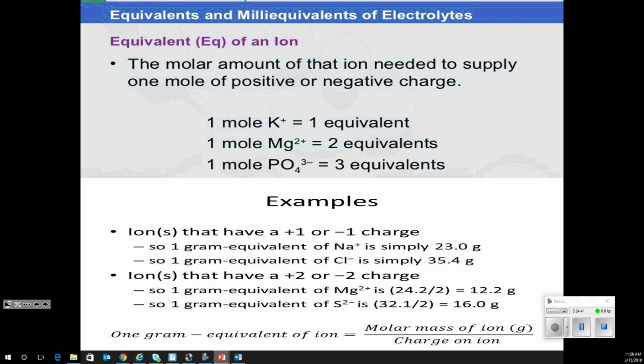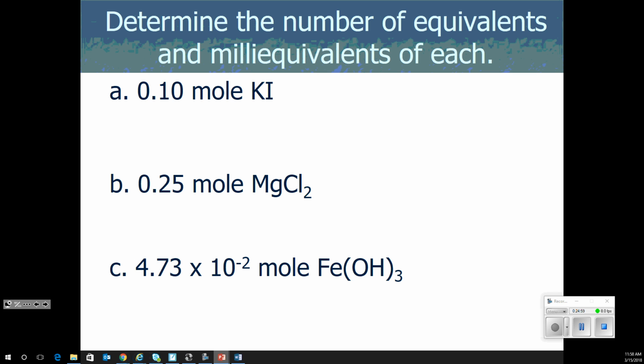Don't make it too hard. There will be a couple questions like this on the test. Going forward, equivalents are just the charge. If they ask for milli-equivalents, how do you go from equivalents to milli-equivalents? Times by 1,000. Okay? All right, so here we go. We've got a 0.1 mole. We're supposed to determine the number of milli-equivalents in each of these.